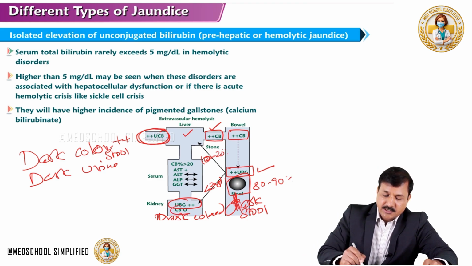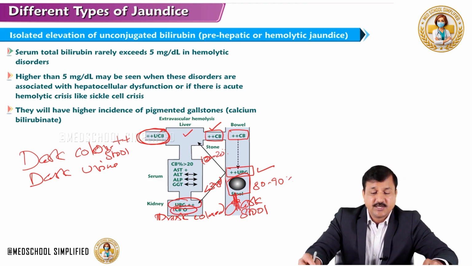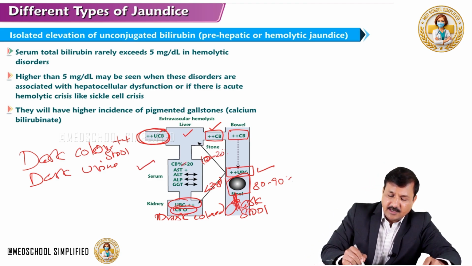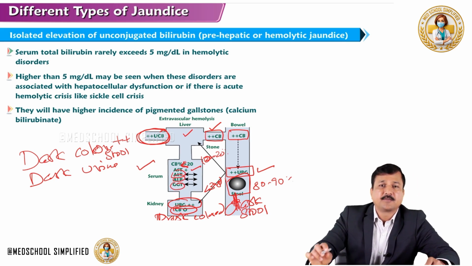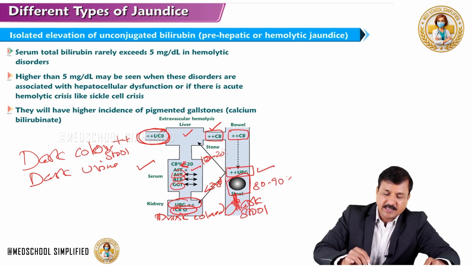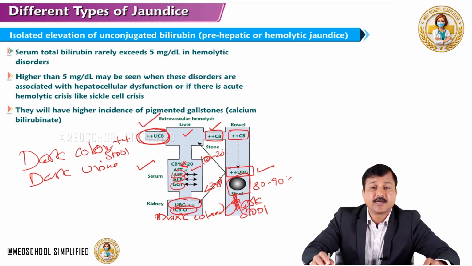Now, what about conjugated bilirubin in the urine? It is 0. In serum values, conjugated bilirubin is less than 20%. AST is 1 plus, and ALT, ALP, GGT are all normal. So serum values are fine, except there are elevated levels of unconjugated bilirubin.